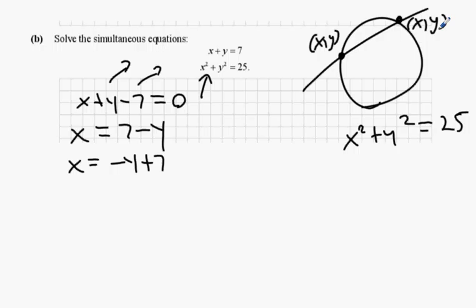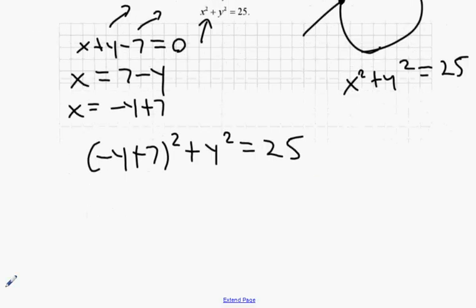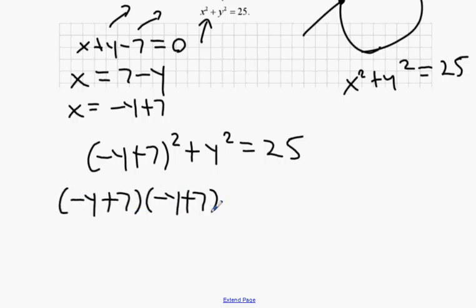Okay, so what we can get here is this. We'll get x squared, which is minus y plus 7 squared, plus y squared equals 25. What's the next step, guys? Ben, next step? From here, this part here. Yeah. After that?